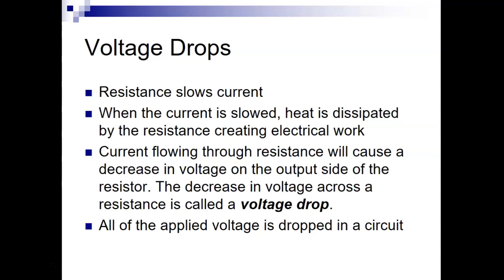V equals I times R. Well, I'm trying to think about how to say this. Series circuits affect voltage. Does that make sense? We'll get more into it here in a few minutes when we switch over to that.